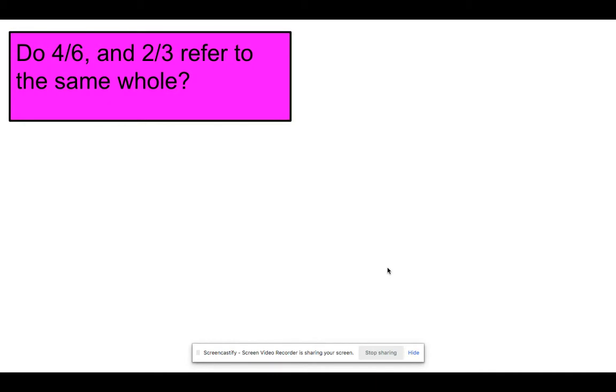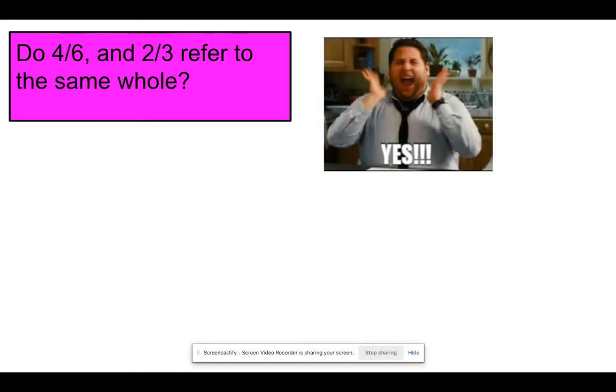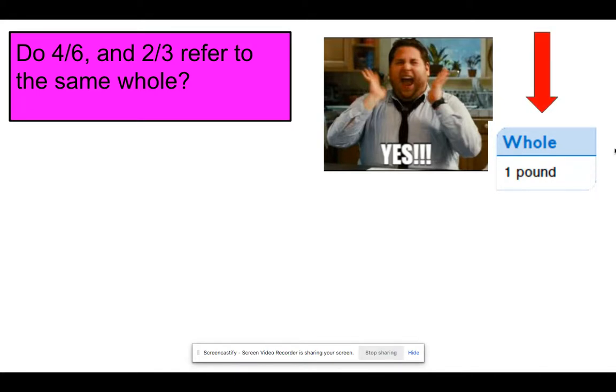So here's my question. Do 4/6 and 2/3 refer to the same whole? This is coming back to the same problem. Before, the first time, the hikers got 4/6 of a pound of trail mix, and the second time, they got 2/3. Well, yes, they do refer to the same whole, which is a pound of trail mix, right?